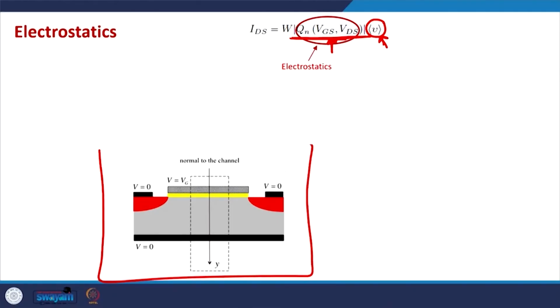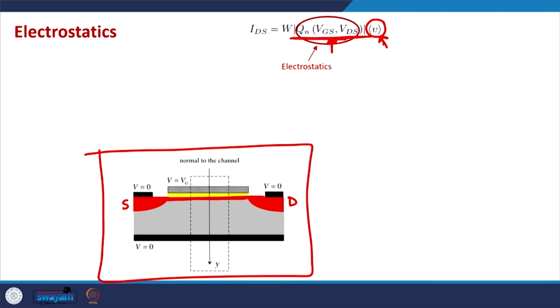So, generally in traditional MOSFETs, in the long channel MOSFETs, which look like this, if you closely see the distance between the source and the drain, this is the channel length.